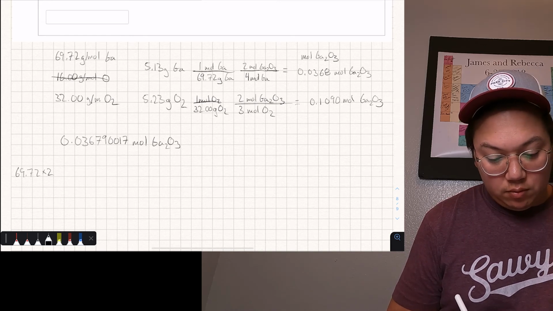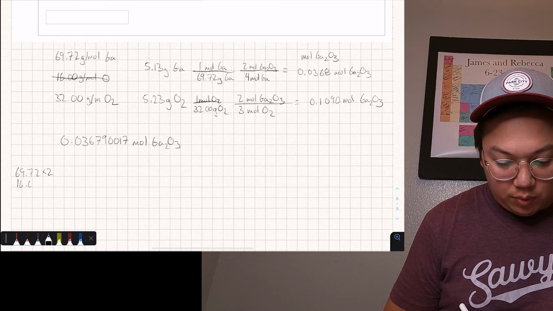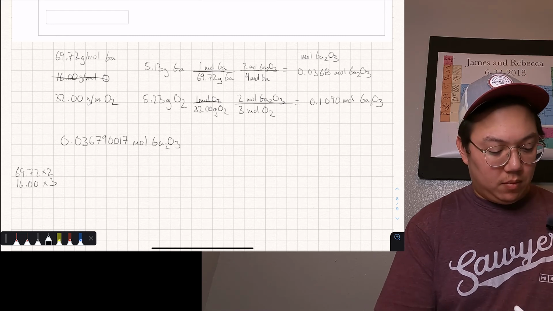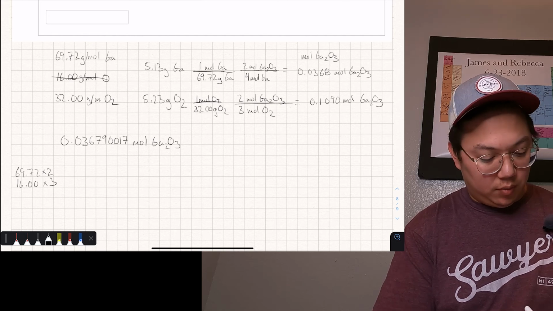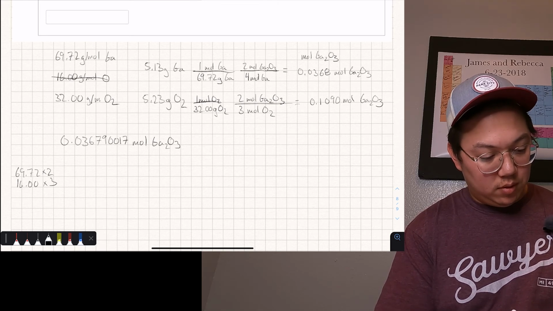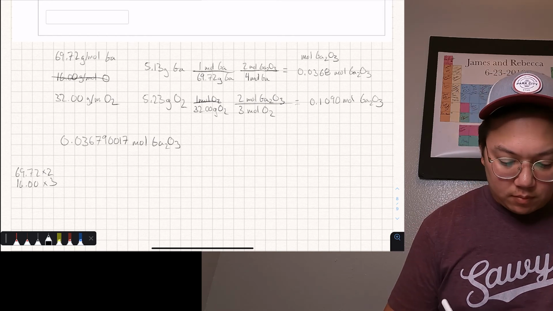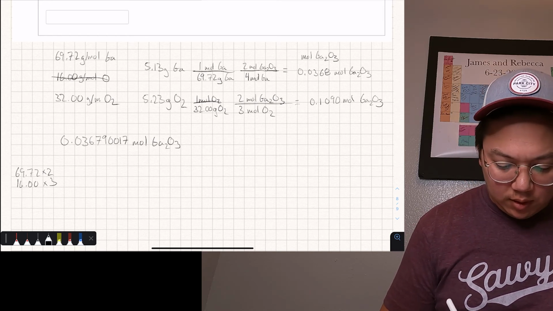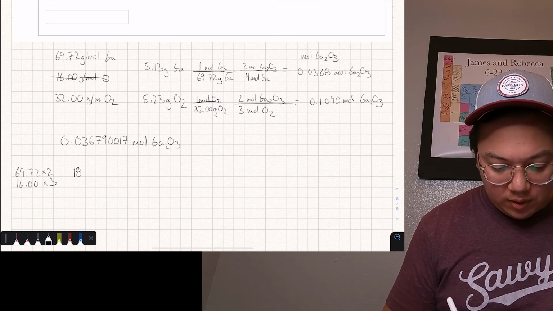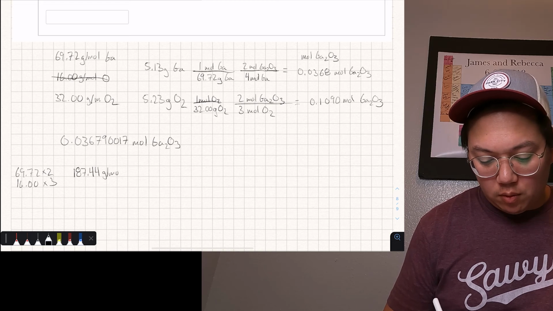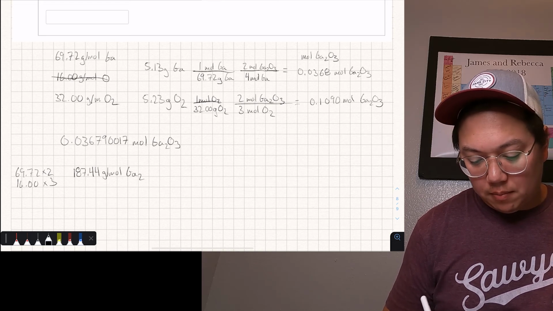And so I'm going to do 69.72 times 2, 16.00 times 3. 69.72 times 2 plus 16 times 3 will give us a total of 187.44 grams per mole gallium oxide.